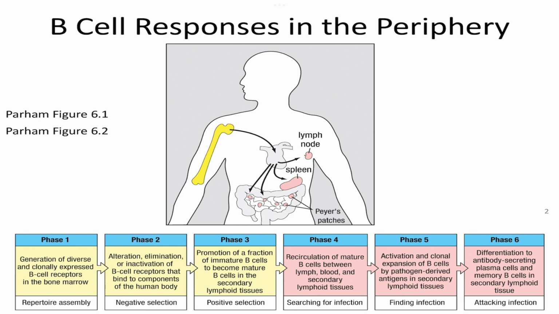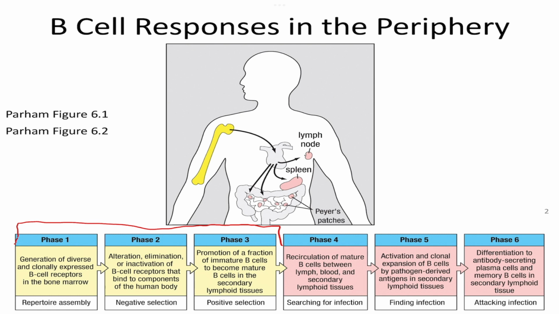So remember that previously on B cells, we were looking at B cell development in the bone marrow, and we saw B cells developing through the phases that are shown here in yellow of doing VDJ recombination, doing negative selection, all that good stuff. We saw B cells were using RAG1 and RAG2. We're now going to be looking at B cell responses in the periphery.